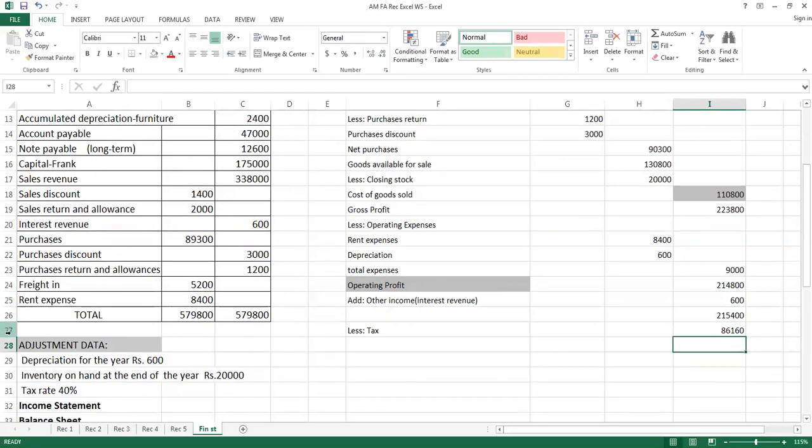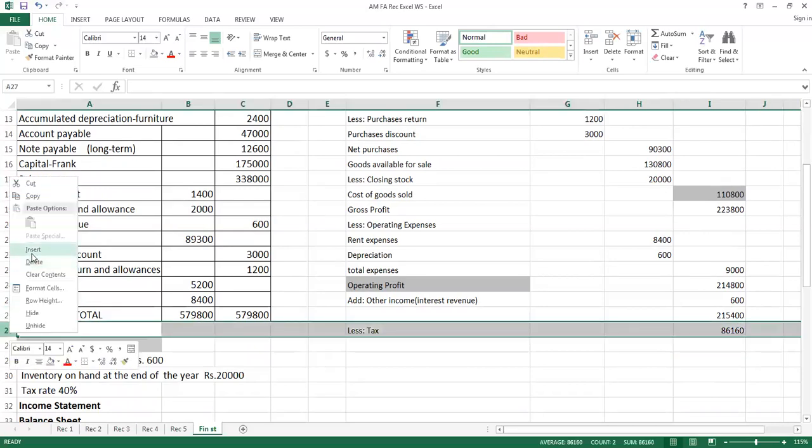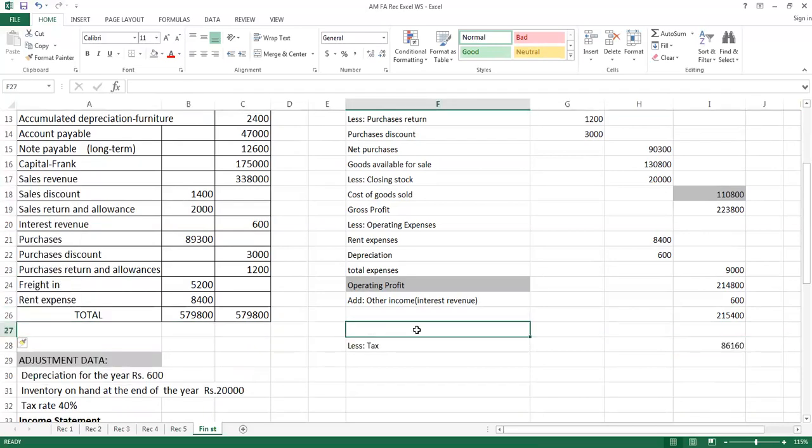I'm planning to add one more step here, that in case in any question you find interest expenses, then you can minus it here. Since right now it is not given, I'm not showing its work over here.